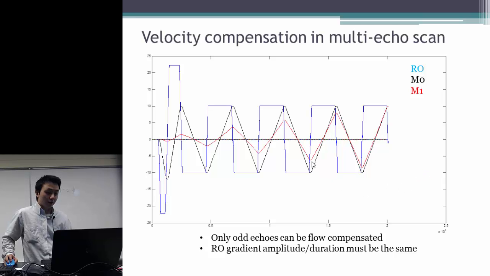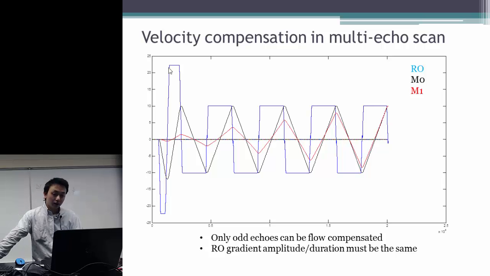All right. So far we only talked about velocity compensation along a single echo, for example, the single-echo gradient echo case. As we saw before, to improve the scanning speed and reduce the total scanning time, most of the time we can use a segmented k-space-based approach. With it, we will be using a multi-echo scan.